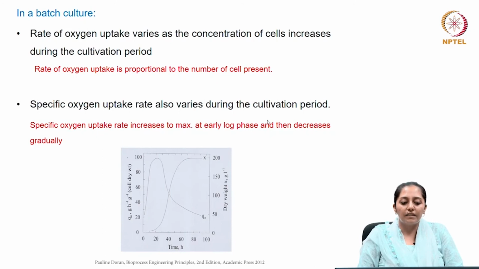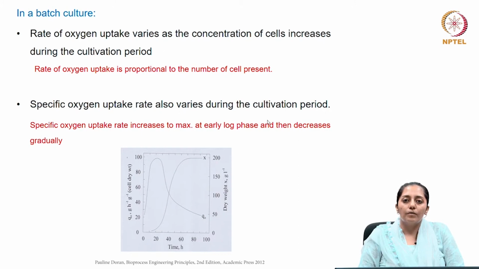Now in batch cultures, the rate of oxygen uptake varies as the concentration of cells increases during the cultivation period. Obviously, because it is a function of X, as X changes, the oxygen uptake rate also changes. The rate of oxygen uptake is proportional to the number of cells present at any time.